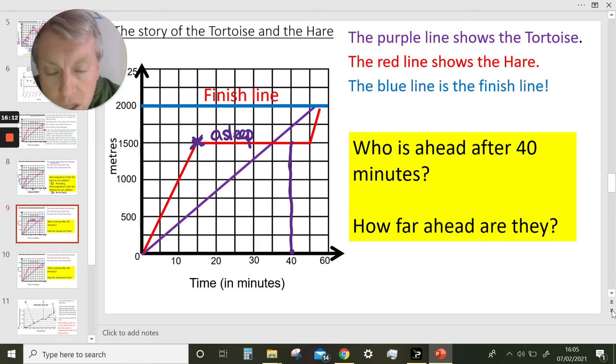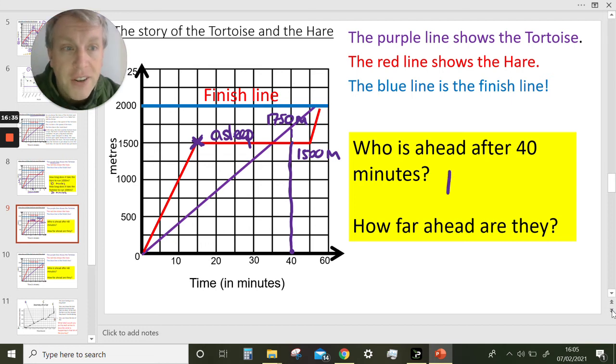Okay, so who's ahead after 40 minutes? We go up 40 minutes. Well, the hare has gone 1,500 metres, but look, the turtle is further. He's gone, I should think that's probably 1,750 metres.